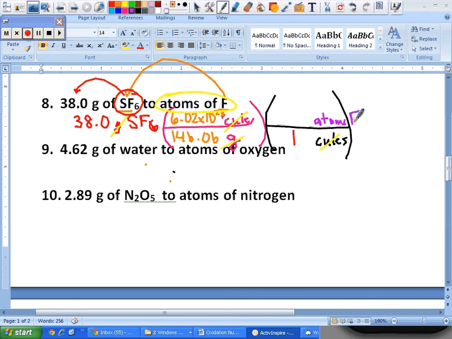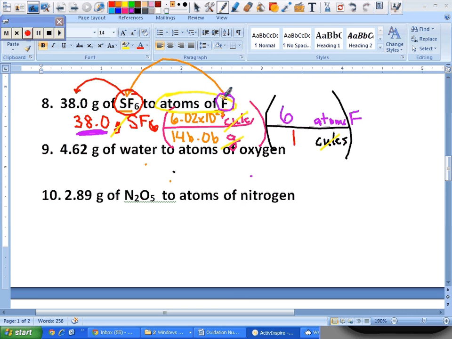Think about it for just 1 second. So we got rid of molecules. So we need to know how many F's are in this amount. In 38 grams, we need to know how many F's there are. Well, we figured out how many molecules there are. Now, in that number of molecules, we need to know how many F's are present.